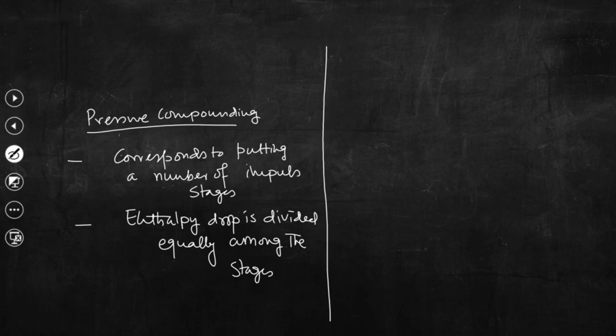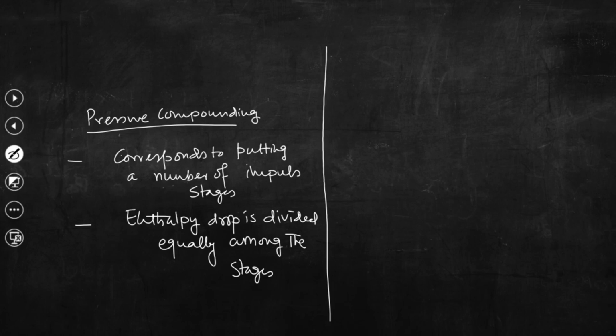We know the total enthalpy drop is due to a change in pressure from boiler pressure to the condenser pressure. Now, if we would like to have the total pressure drop in a single stage, we have seen that the velocity of steam at the exit of the nozzle will be very high, and to accommodate such a high velocity, either the speed or the diameter of the wheel will be very high.